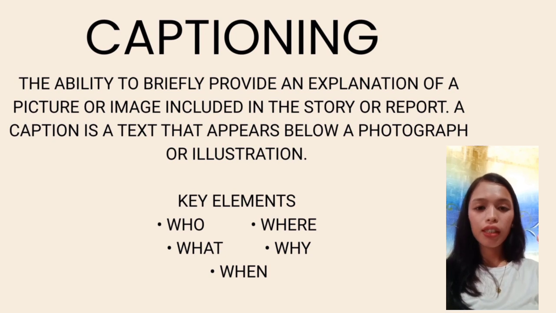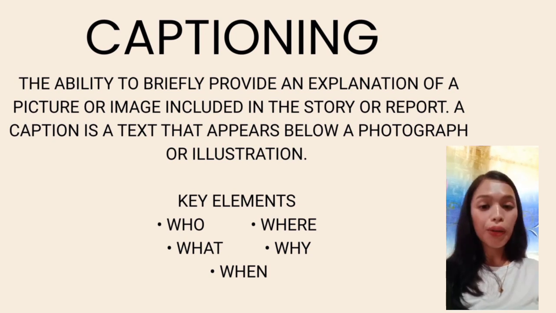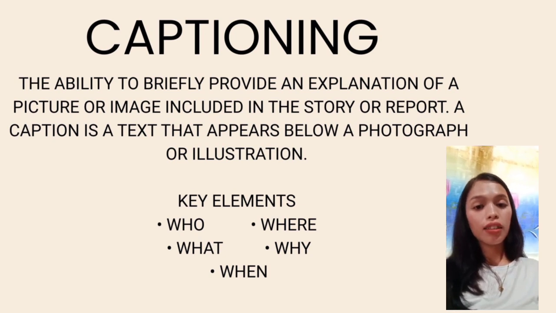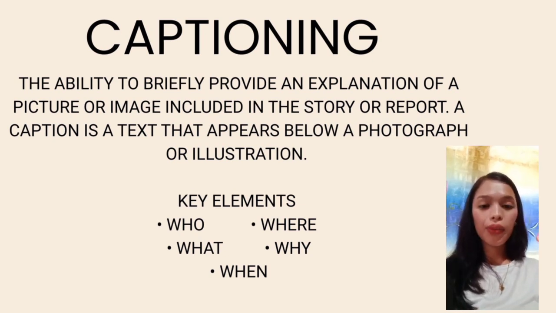Next we have the when. Here it is important to put the date or the time the photo was taken. And the where. When you make a caption, it is also important to put where the photo was taken, so it indicates the location. And lastly, we have the why.